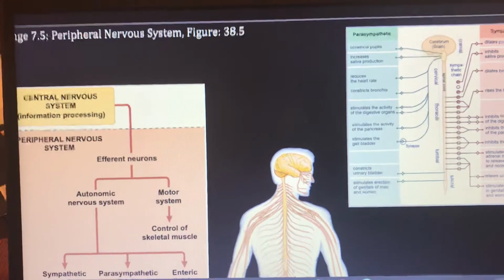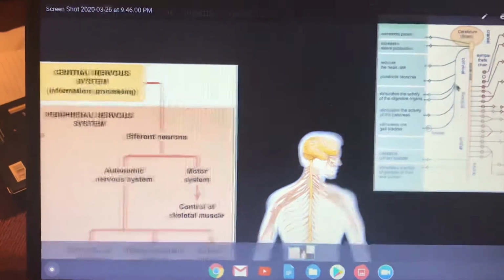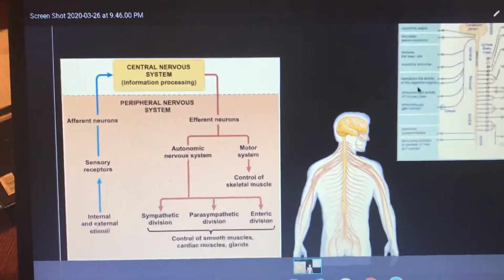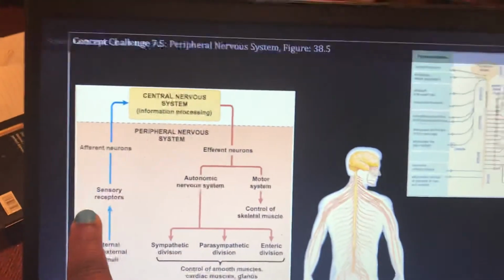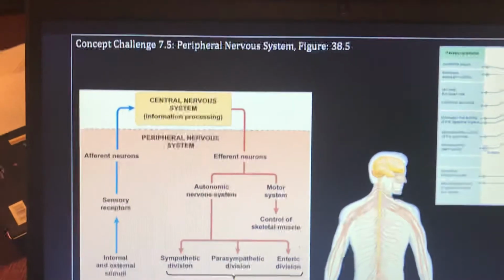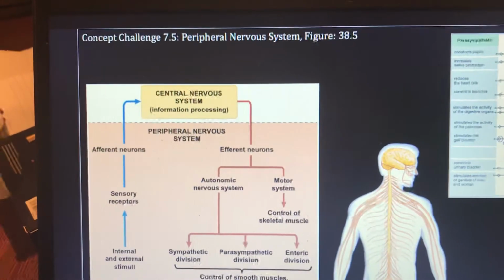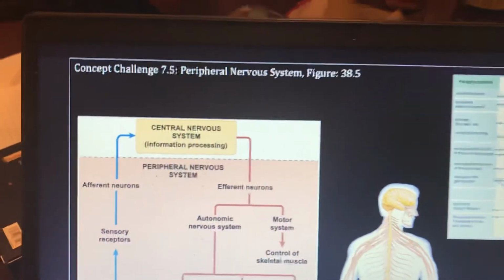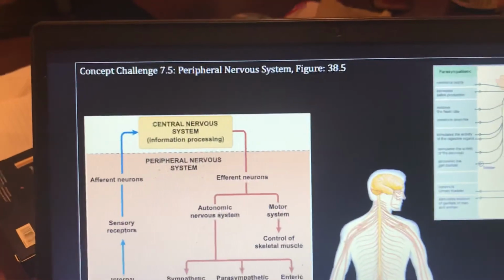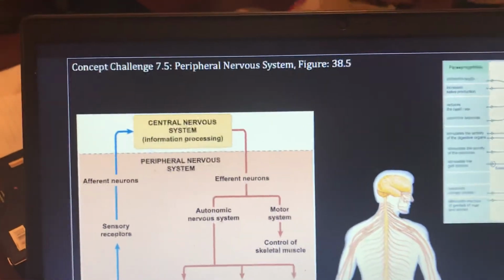Going back to this model, I also had to establish the difference between afferent and efferent neurons. I learned that afferent are our sensory nerves that receive info and transmit info to the central nervous system.